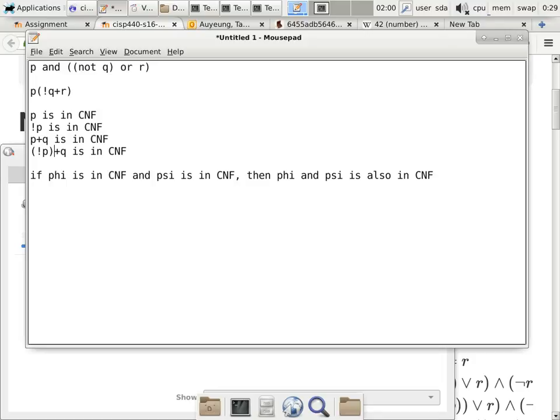When you combine this one with this one, it becomes P and, the second disjunction term is Q or R, and the third one is not P or not Q. So you still fit it into this category because you just have two ORs. One does not have an OR, but it is by itself a CNF. And because you have a conjunction of all of these CNFs, the result is still a CNF.